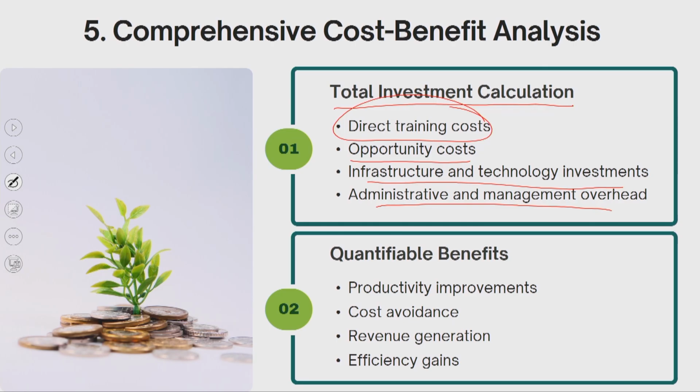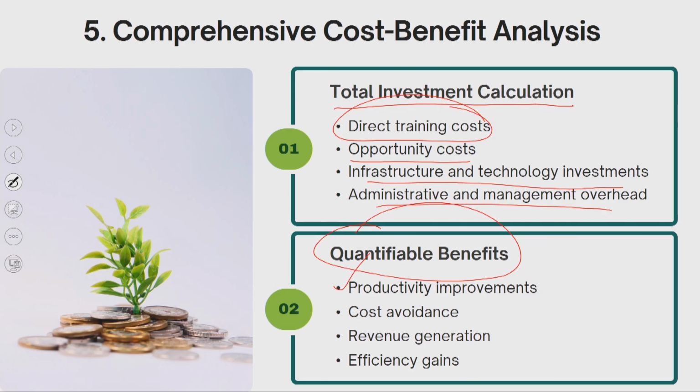When we talk about the cost-benefit analysis, we also have to talk about the quantifiable benefits. Quantifiable benefits are certainly productivity improvements that measure the tangible output changes, such as increased sales per representative, faster project completion times, or higher quality scores.